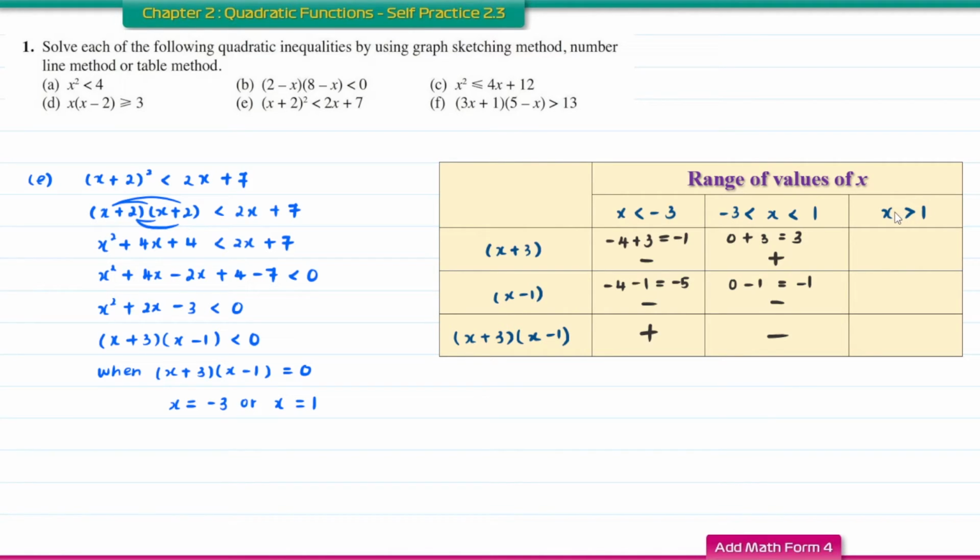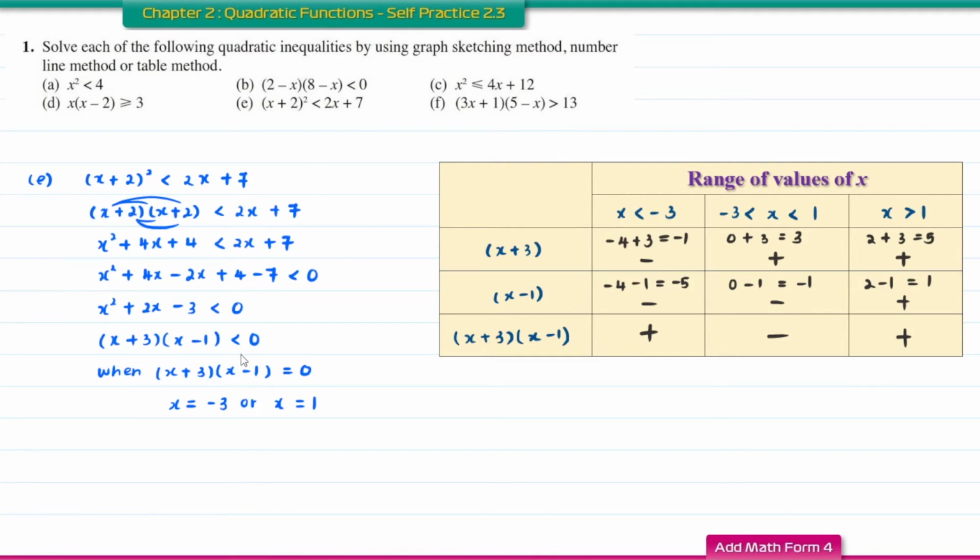Now for this part, the range is greater than 1, so I'm going to choose number 2 and fill it into the brackets. 2 + 3 equals 5, a positive answer. 2 - 1 equals 1, which is a positive answer. So when these two multiply each other, you're going to get a positive answer, which is greater than 0.